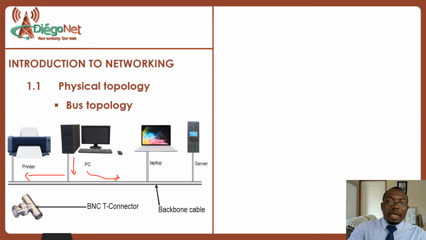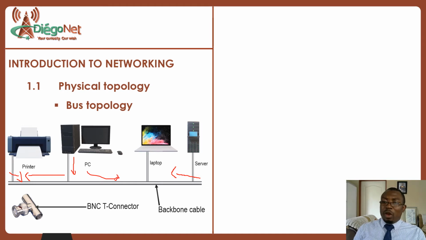Now let's say the information reaches the end of the cable and there is no terminator. What's going to happen? The signal will bounce back, coming this direction. From there, when it gets to the other end, it will come back in this direction. Let's say by the time the signal is coming back, another PC, let's say the laptop, is also transmitting a signal on the network.